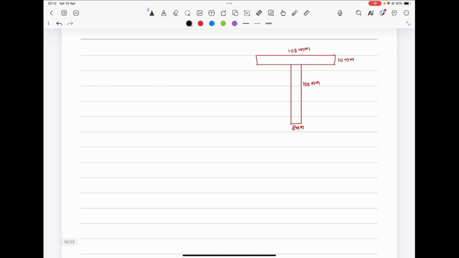And there is one center of gravity, this height is 110 mm, and at a height of 80.56 mm, not to scale, the center of gravity is there. This is equal to yc, which is y bar.